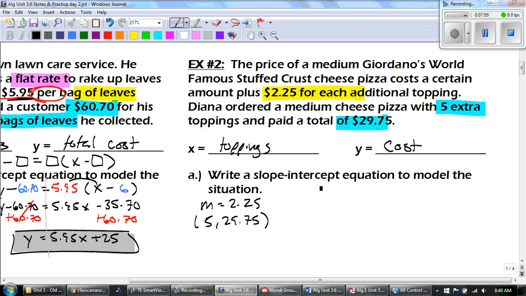Okay, so if you had a little trouble, X was the toppings and Y was the total cost. It said that it was $2.25 per topping, so I know that that was our slope, or for each topping. And then our point was (5, 29.75). Okay, so we're going to go ahead and distribute to both terms.